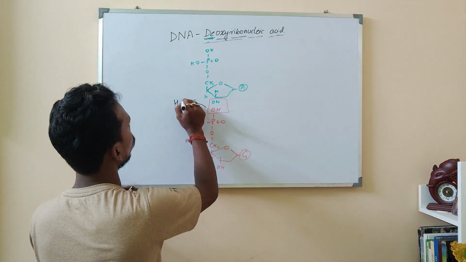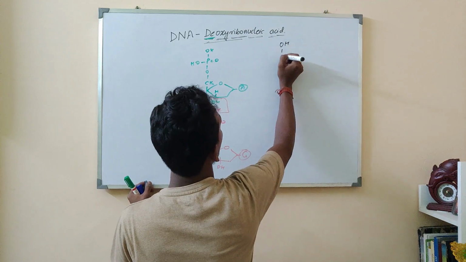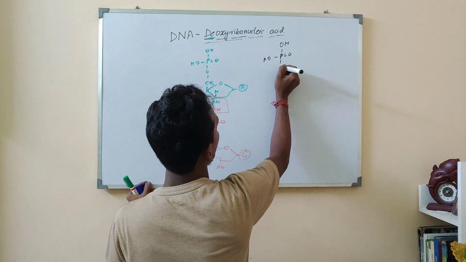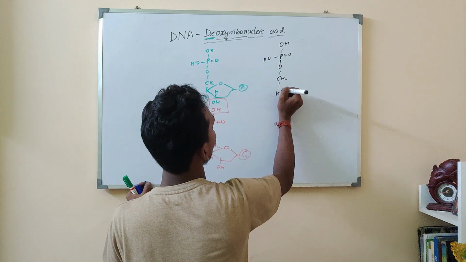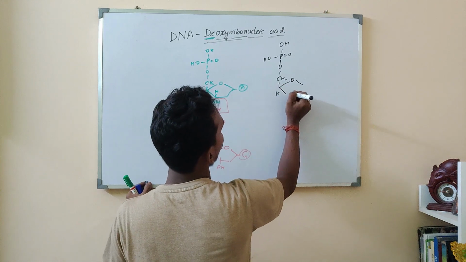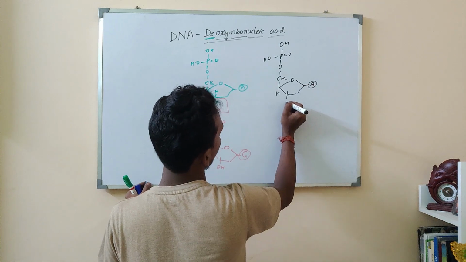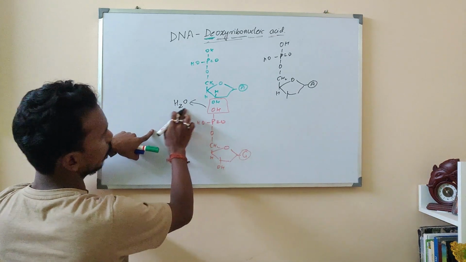removing one water molecule. So the structure will look like OH, P, double bond O, single bond OH, then O, then CH2, then H, and along with this you will have the ribose sugar with nitrogen base A, and here one oxygen is remaining after removing the H2O.